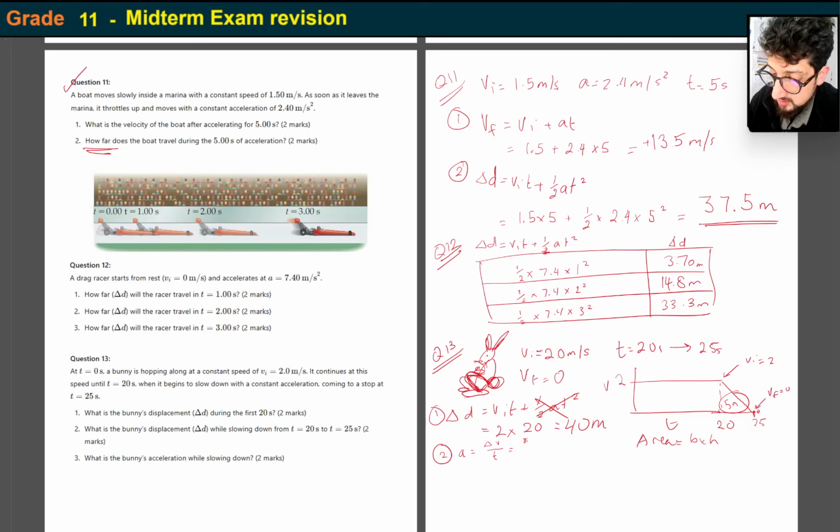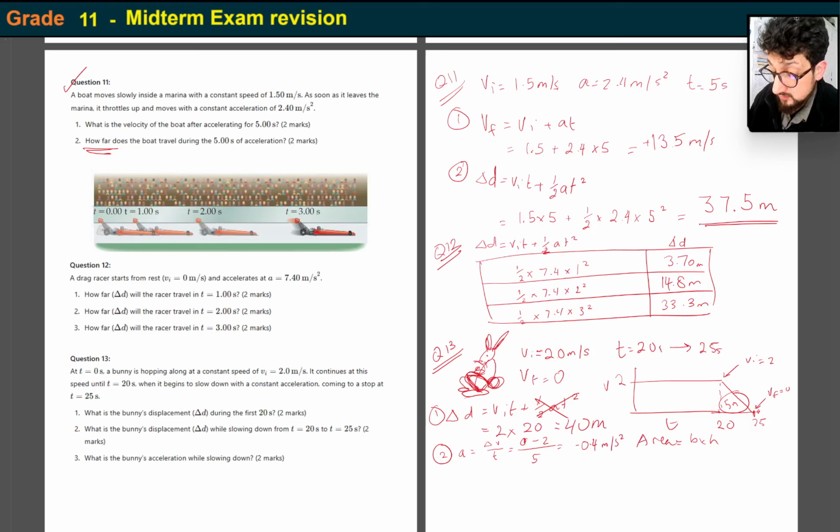So it's 0 minus 2 all over 5. Did I do something wrong before? Just checking. Yeah, so negative 2 divided by 5, which is negative 0.4 meters per second squared.